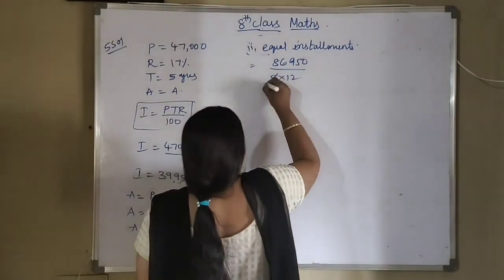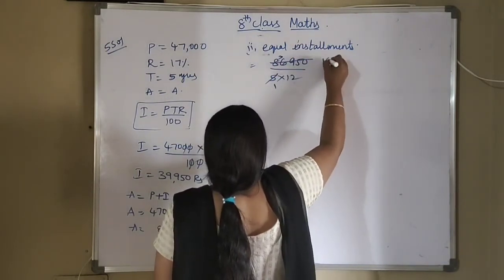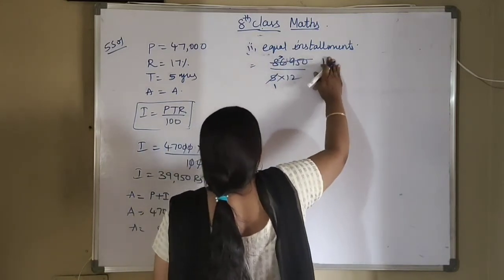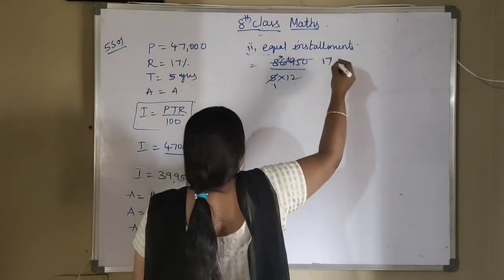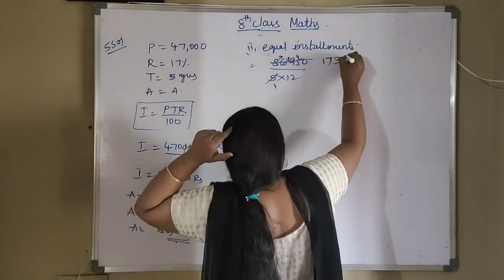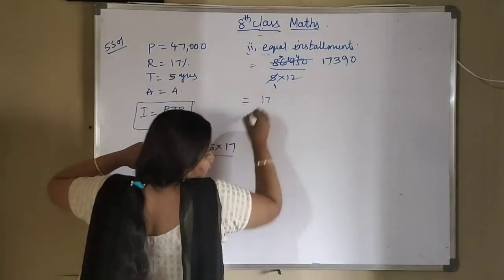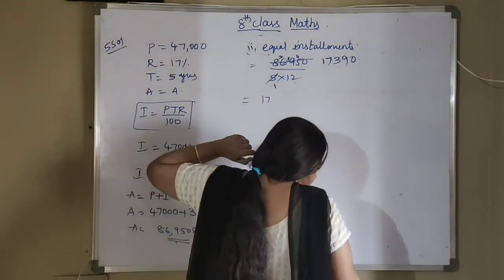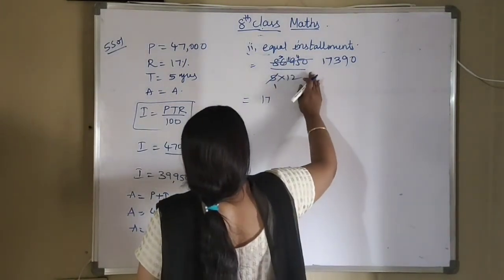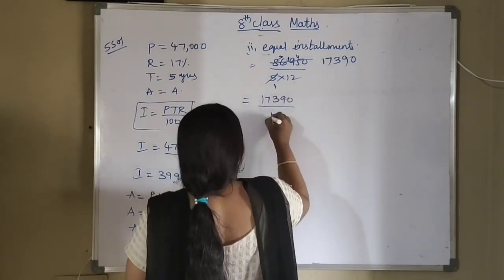So cancel this. 5 ones are 5, 5 sixes are 30. 5 sevens are 35. 5 threes are 15. 5 nines are 45. 5 zeros are 0. So how much does he have to pay? That is 5 ones are 5. That is 17,390 divided by 12.